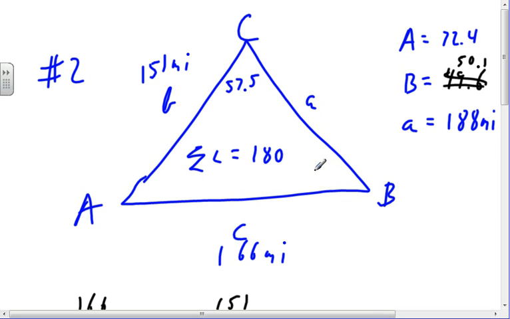So 50.1 is the smallest, 57.5 is a little bit bigger, and 72.4 is a little bit bigger. So the Idiot Check says we have it right. The bigger the angle, the bigger the side.